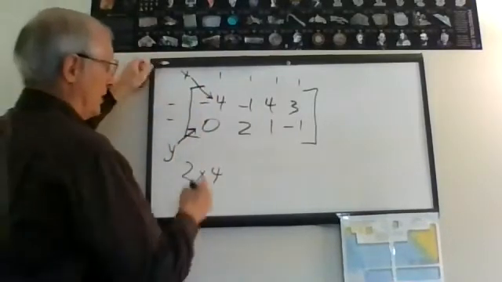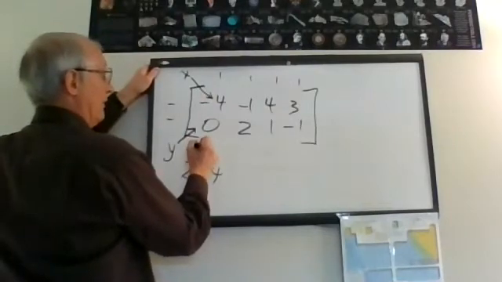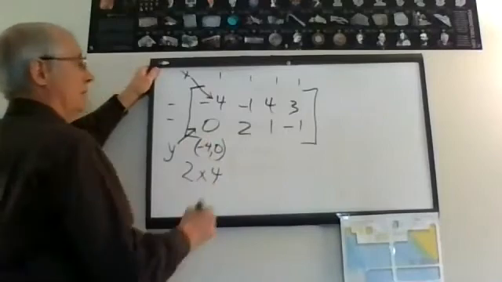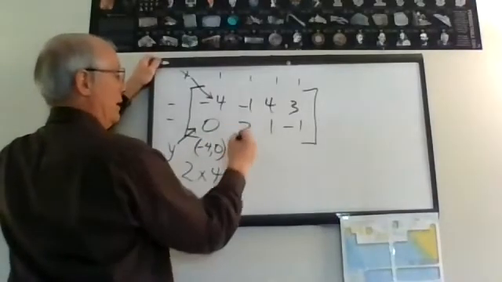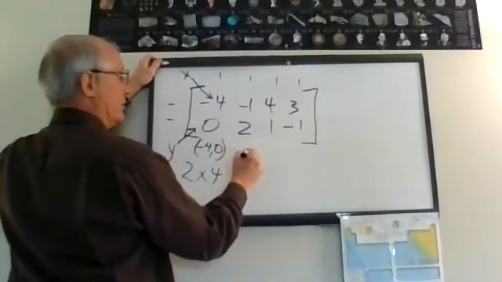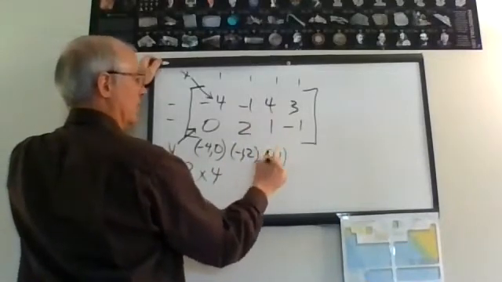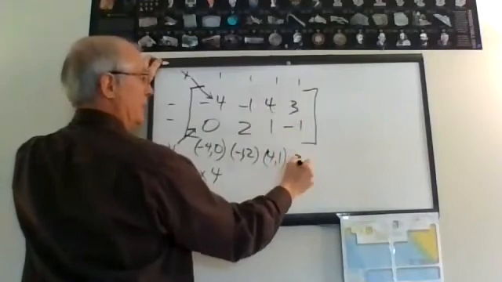And so this is the point -4, 0. This is the point -1, 2. This is the point 4, 1, and that point is 3, -1.